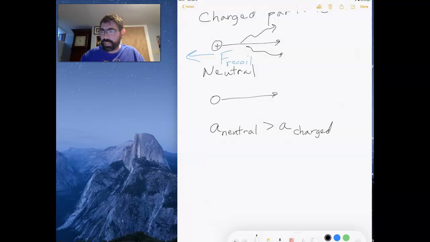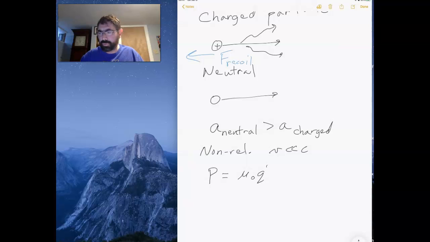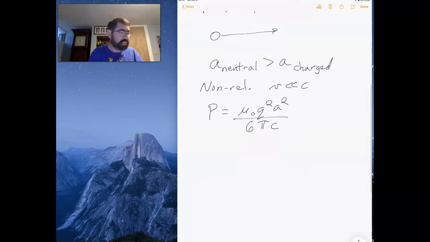So if we consider a non-relativistic particle, so v is much, much less than c, then the power would be mu 0 q squared, the acceleration squared, over 6 pi c.